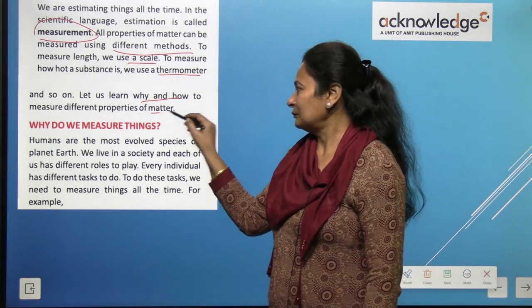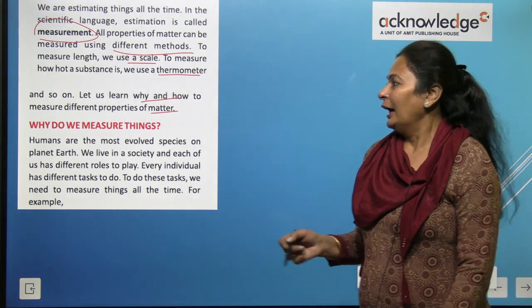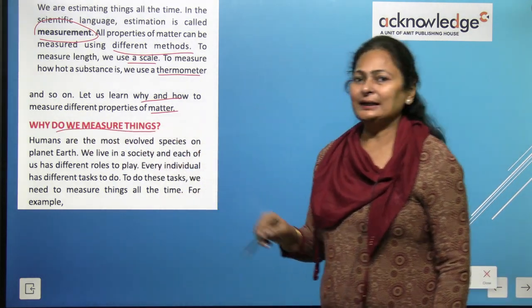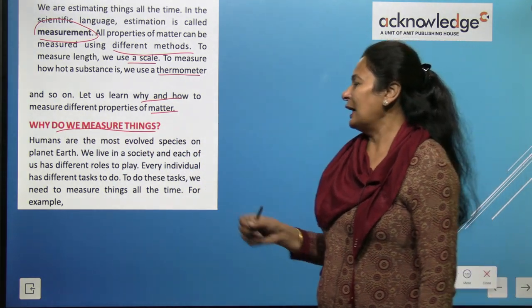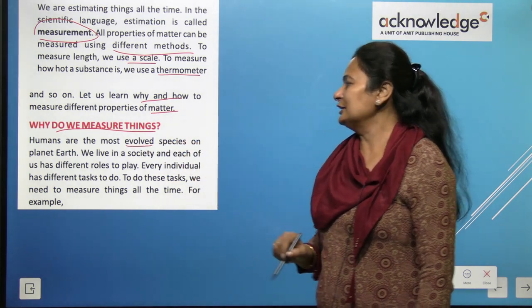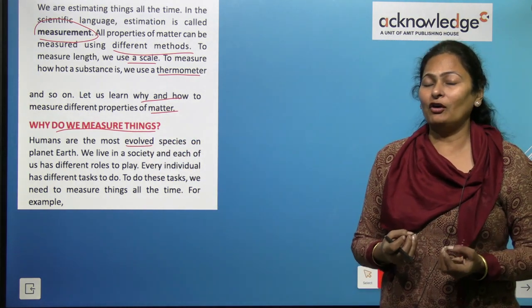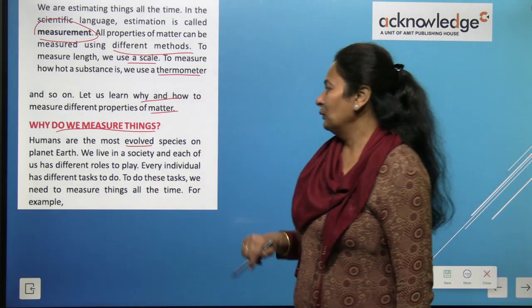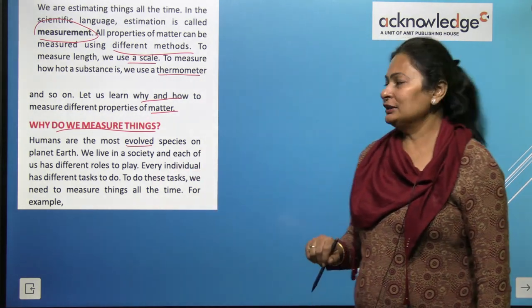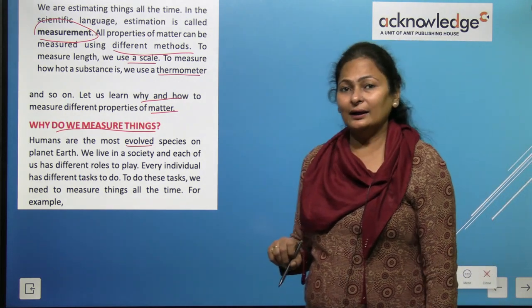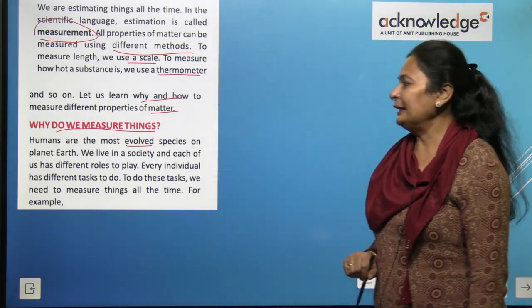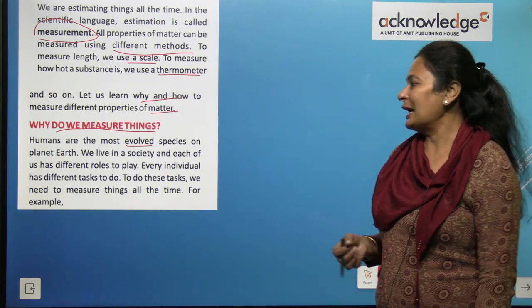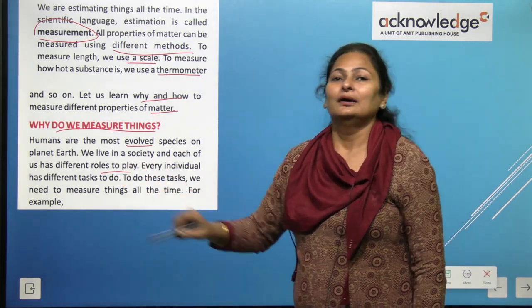Matter is the object. And how do we measure things? Let's see. Humans are the most evolved species. Evolved means developed, right? So we are the most evolved species on the planet Earth. We live in a society and each one of us has a different role to play.